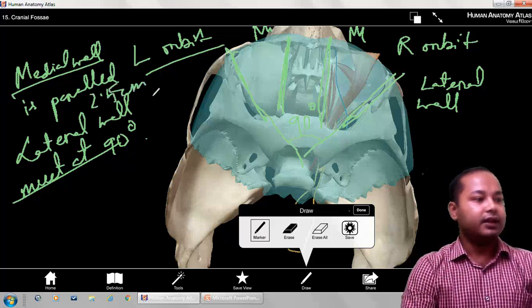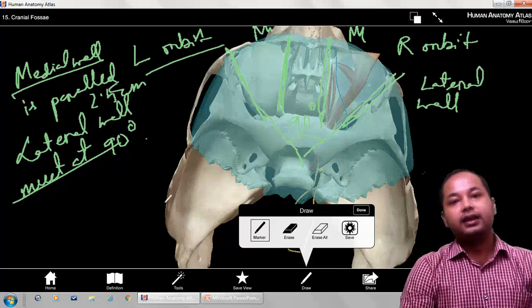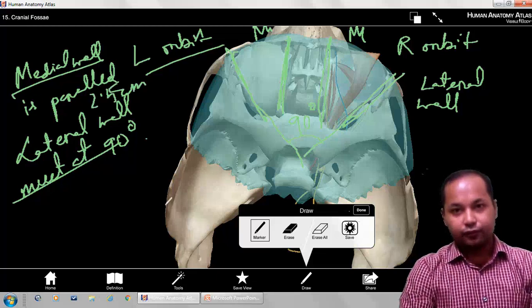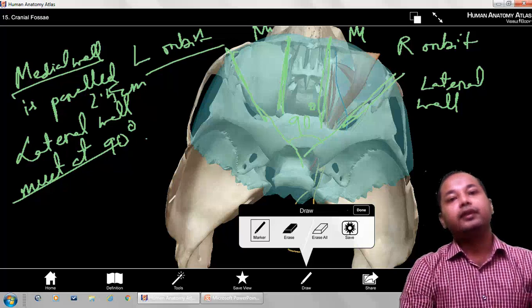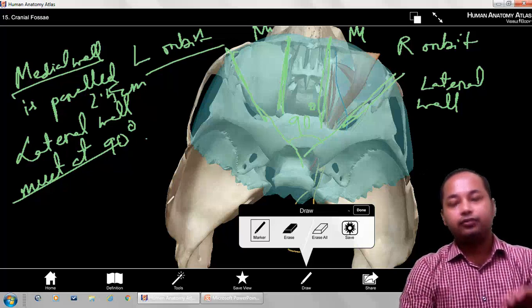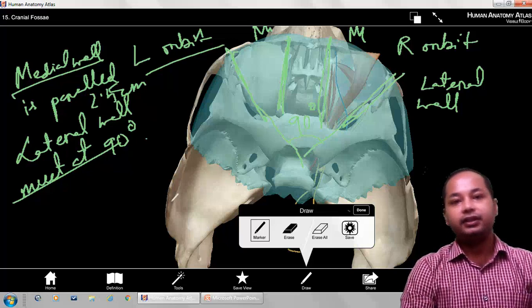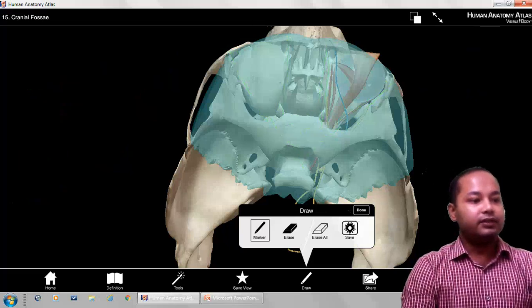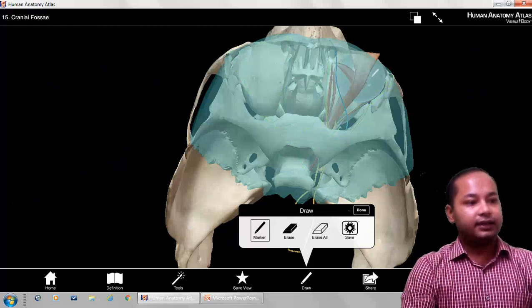When I extrapolate the lateral walls of both sides, they meet each other at an angle of 90 degrees. The lateral walls meet at 90 degrees, of course by extrapolation, and when we extrapolate, we see that the two lines meet each other at 90 degrees.